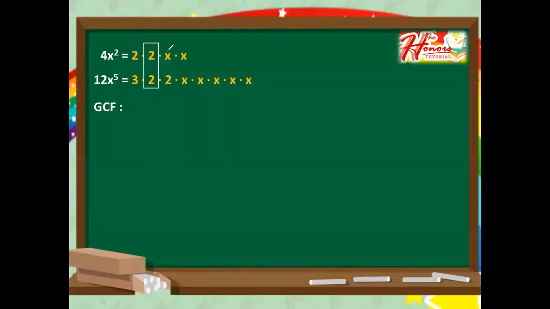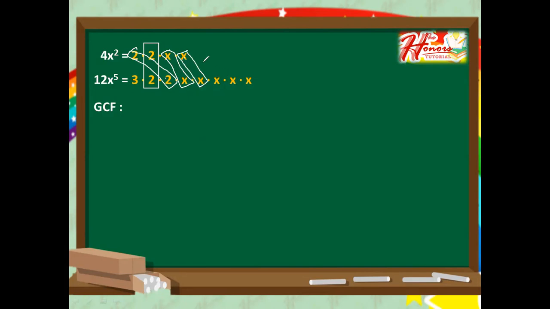So we will be having x here. We also have here 2 and 2. They can be partners because they are both 2. Next, x and x. They can be partners because they are both x. How about the other x?